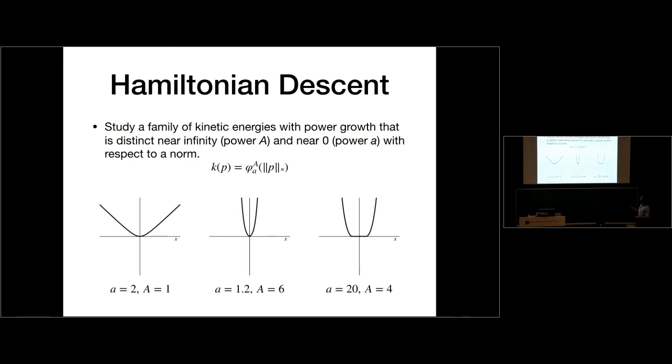So little a has to exactly match the behavior near the minimum of your function. That might sound really harsh, but remember that gradient descent with momentum picks 2 for both of those. So you could just pick 2 for little a, which would say that you're assuming that near the minimum your function looks like a quadratic. If you think that's a generically good choice, then you should pick little a to be 2.